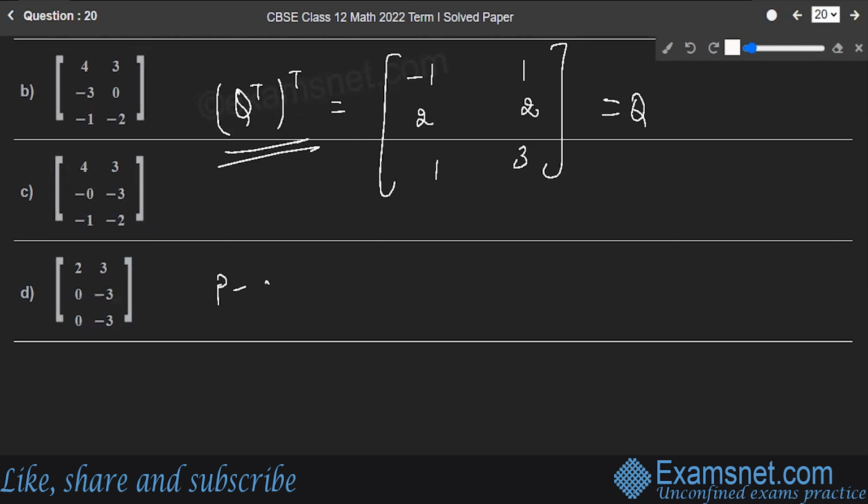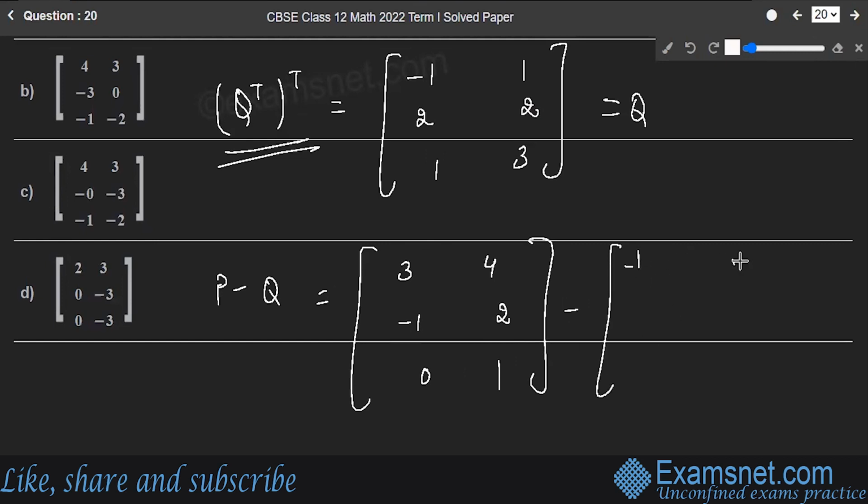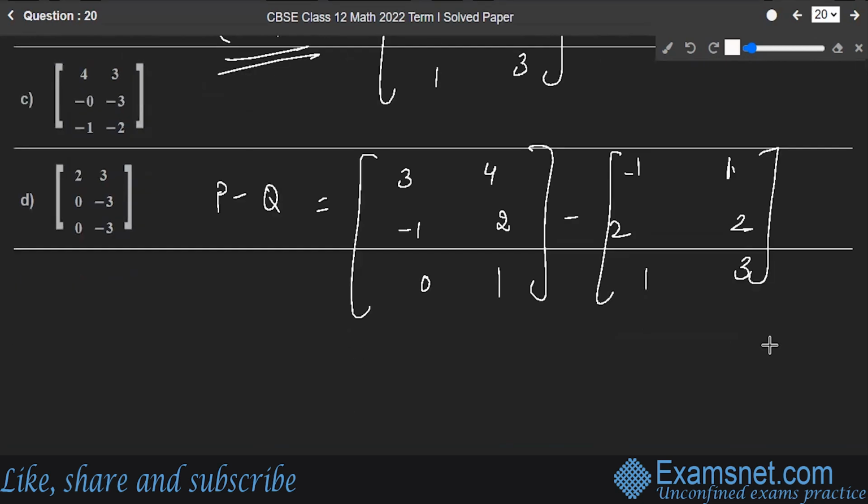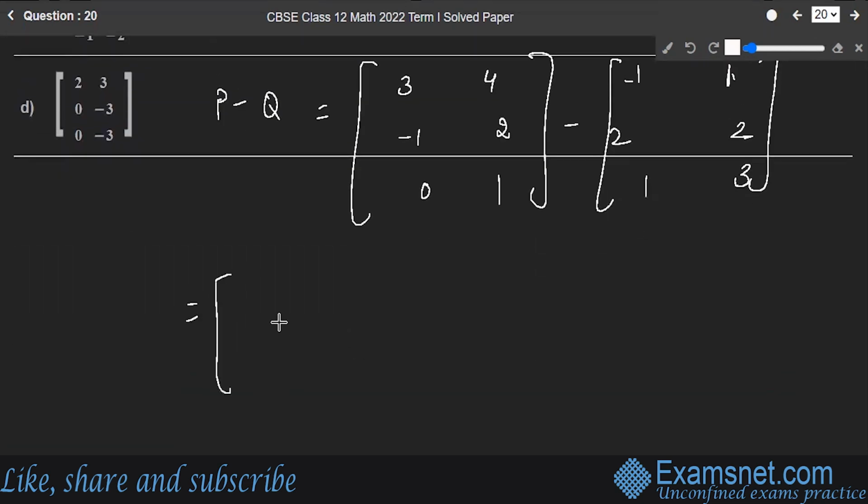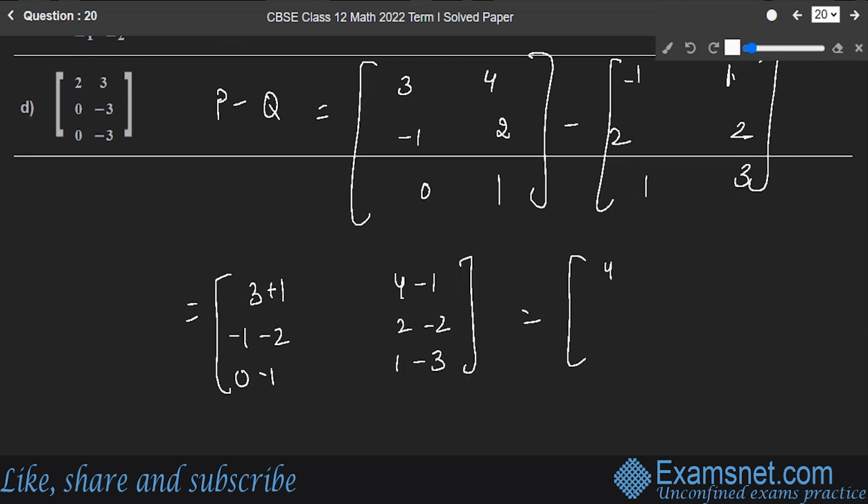Now, what you need to find out was P minus Q. What was P matrix? P matrix was 3, 4, minus 1, 2, 0, 1, minus 1, minus 1, 1, 2, 2, 1, 3, which will give you 3 minus of minus 1 will be plus 1, 4 minus 1, minus 1 minus 2, 2 minus 2, 0 minus 1, 1 minus 3, which is equal to 4, 3, minus 3, 0, minus 1, minus 2.